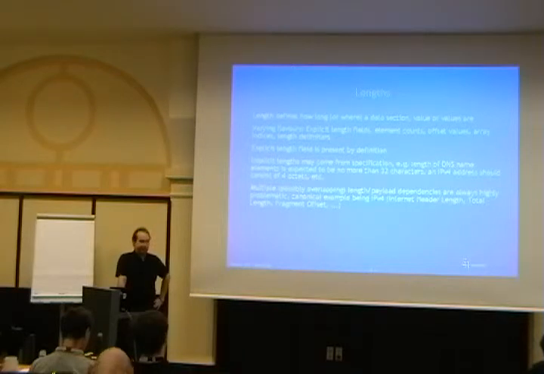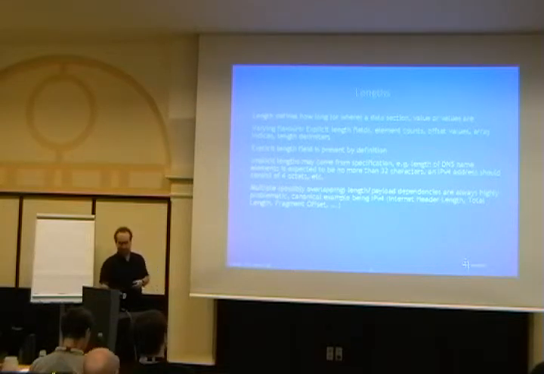The best known example probably is the different length and offset fields in IPv4 packets. That's a very highly problematic thing to implement. So whenever you have payloads that overlap each other with length fields on each layer, it's always very fruitful ground for attacking and tweaking the lengths at all levels.